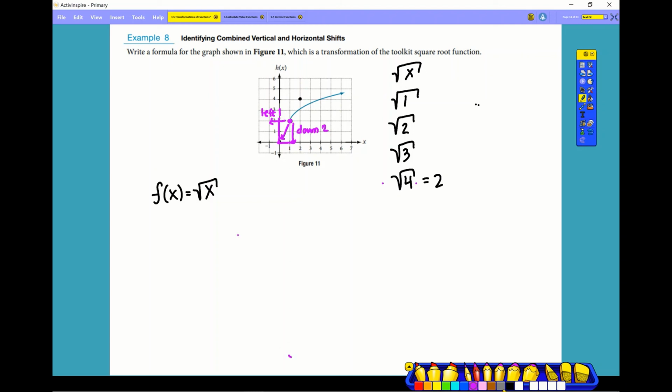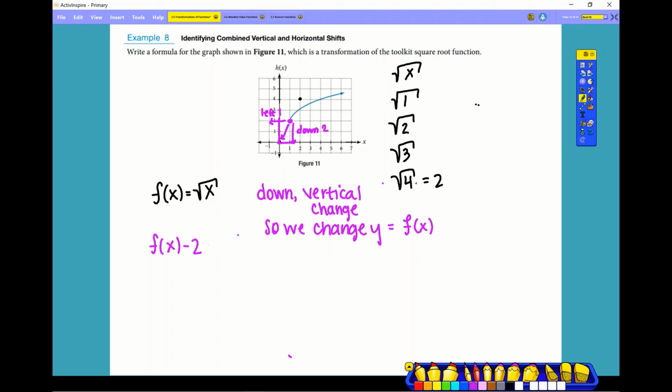Now, okay, so remember, if we're going down, that is a vertical change. So we change y, which is equal to f of x. So I can say f of x, and we're going down 2 units, minus 2, is equal to the square root of x minus 2.